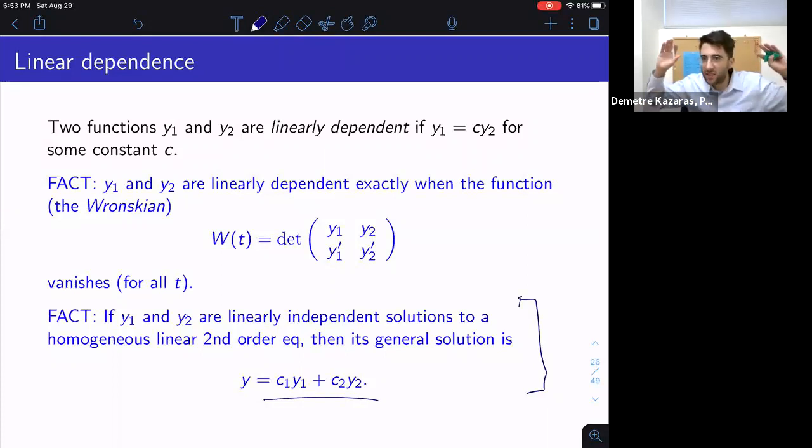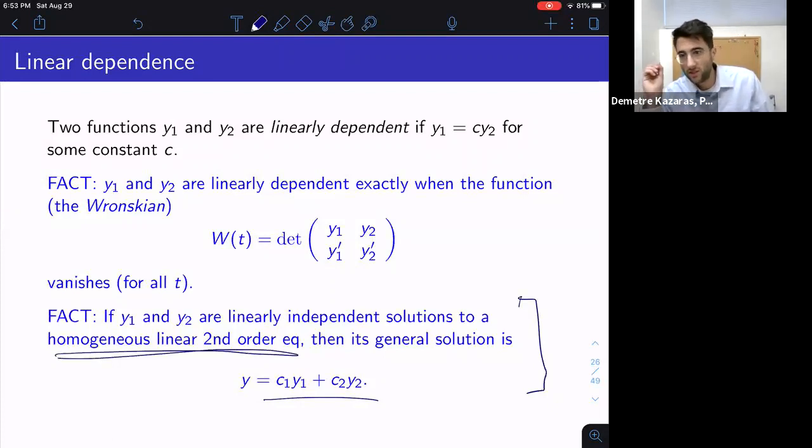So that narrows down our whole focus here. If we want to solve second order linear homogeneous equations, the goal is going to be to find two linearly independent solutions. Once we do that, then we can just write down the general solution as a linear combination.